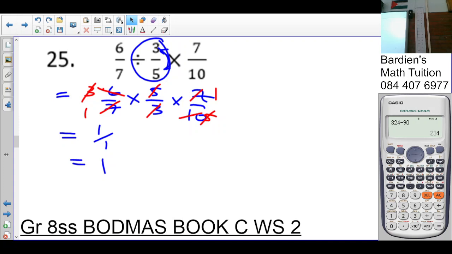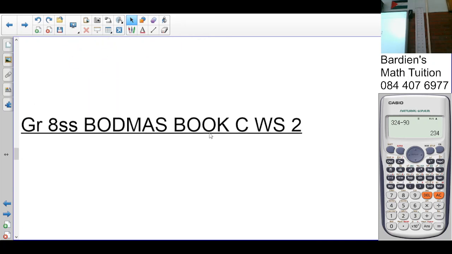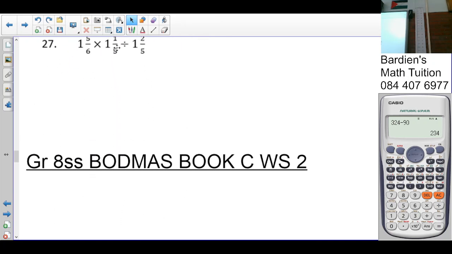So somewhere you are missing a factor. I got 70 over 70 and then they give you 1. Yes, well done. Give her another round. But what did we say? We said you always got to simplify before you multiply.